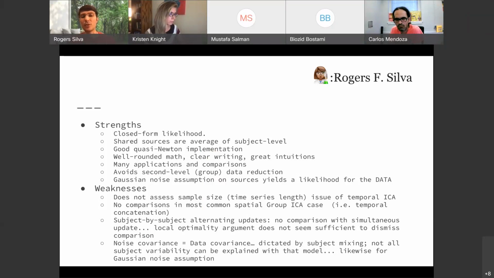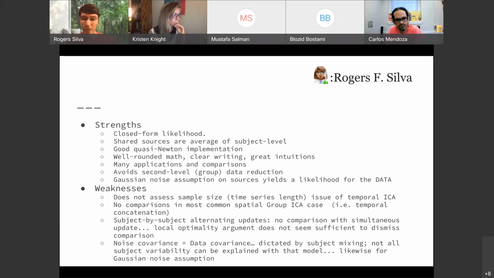And so that issue was not discussed, at least I didn't see in the results, a comparison with that case where you don't have such long time series for fMRI. And I wonder if the other benefits of having a closed form likelihood and quasi-Newton optimization would have at least improved or showed some promise in that case.